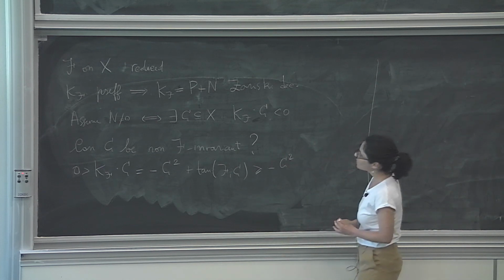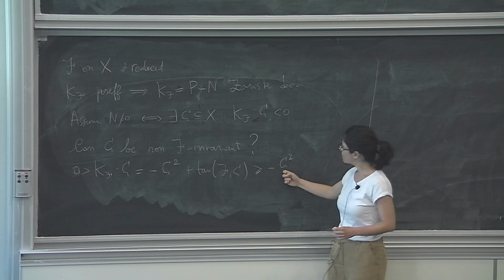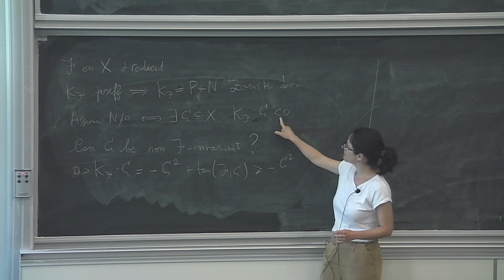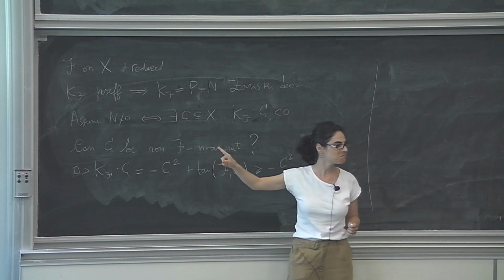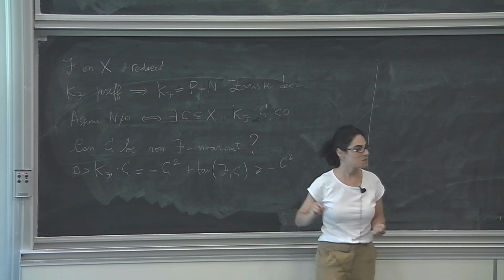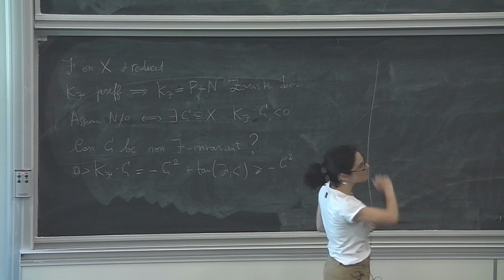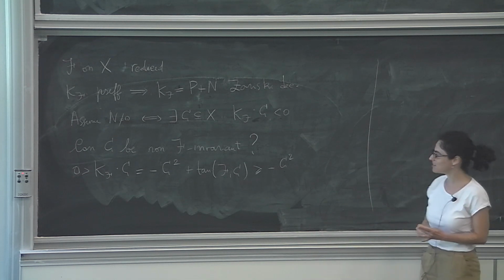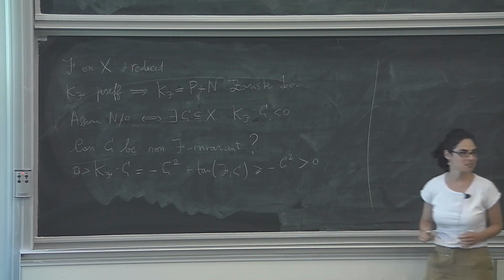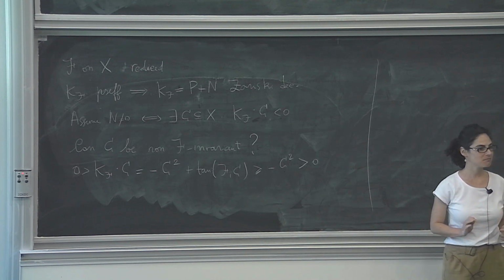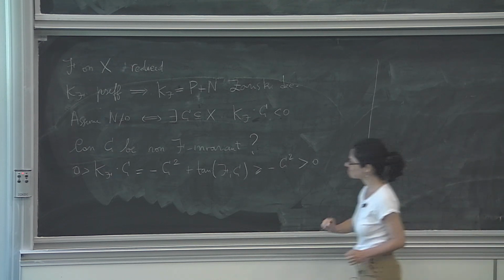And then we took our C with the negative intersection with K_F, but then C is contained in N. Then, as we said, the intersection matrix of N is negative definite, so this is strictly positive. Okay? So the answer is no.